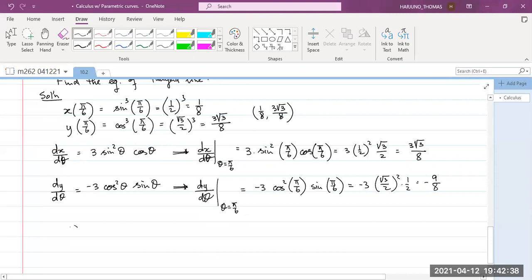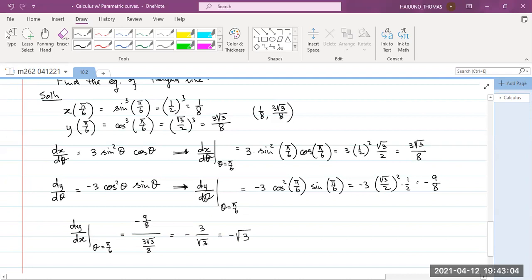Okay, so dy/dx at theta equals pi over 6 is negative 9 over 8, divided by 3 radical 3 over 8. That's negative 3 over radical 3, negative radical 3.